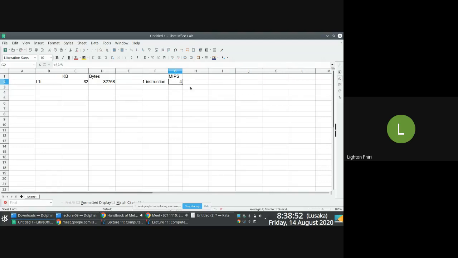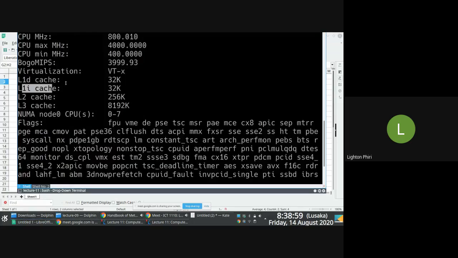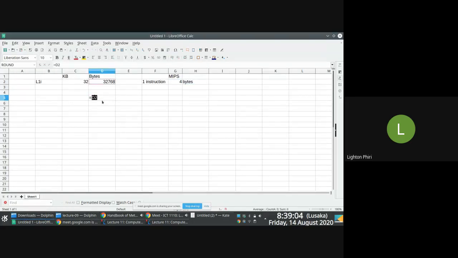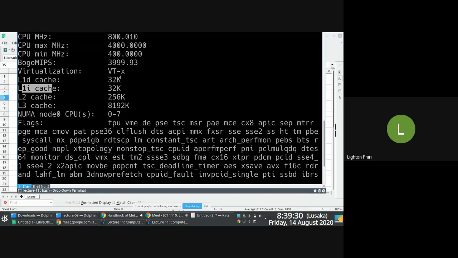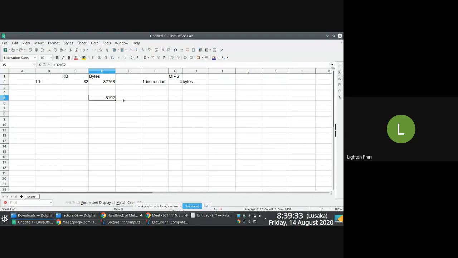What we are saying is that in level 1 cache, my machine can hold at any given point in time 8,192 instructions, right? So I don't know if this is making sense, because you can only hold this many instructions at any given point in time. Just bear with me, think of my L1I cache here. My L1I cache can only cache 8,192 instructions.